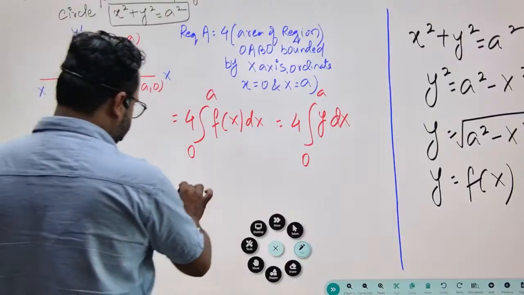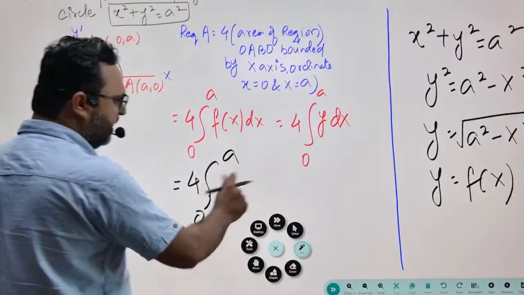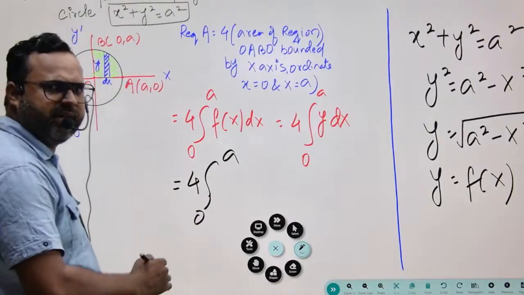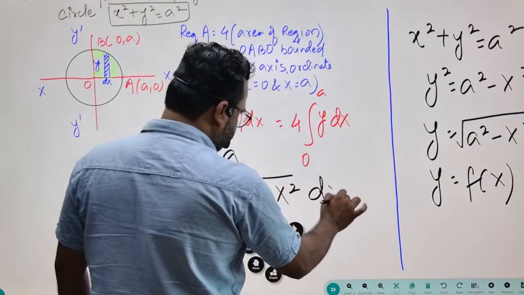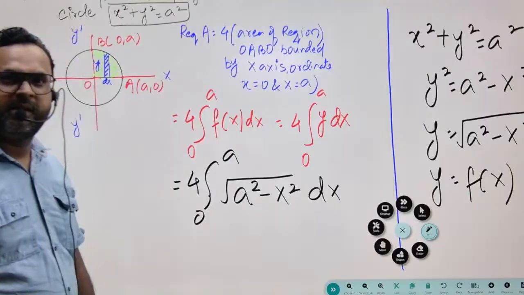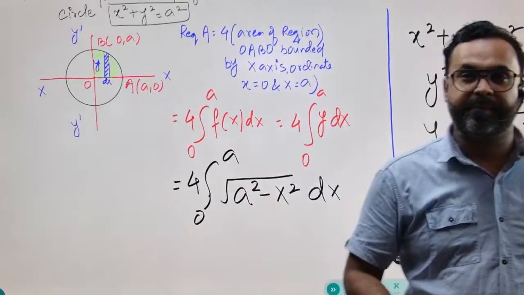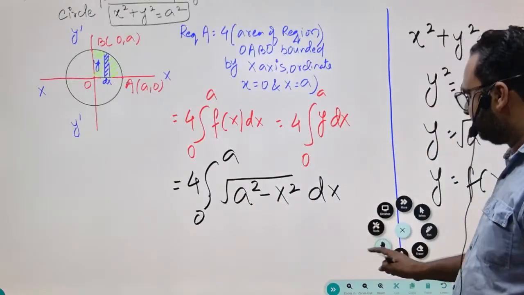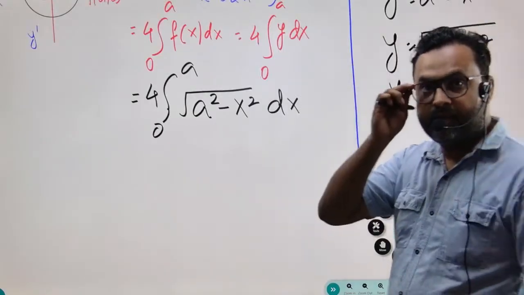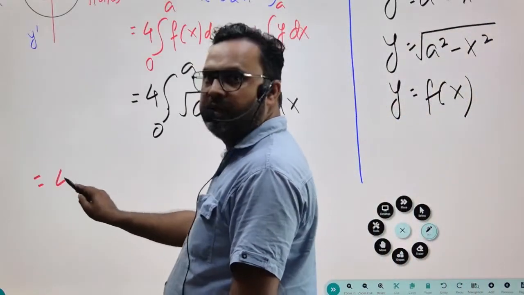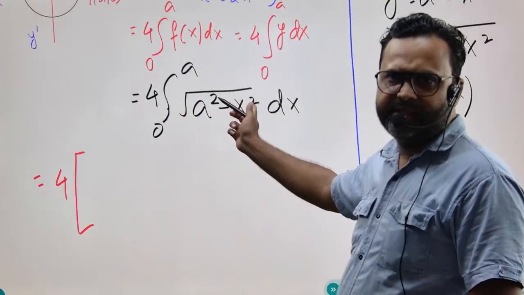Now put the values here, from 0 to a, root of a square minus x square dx. Now try to integrate this function.